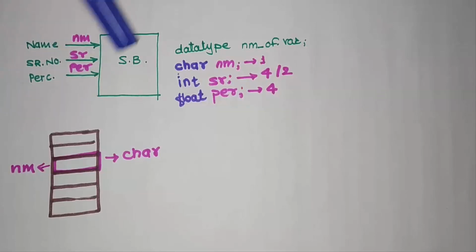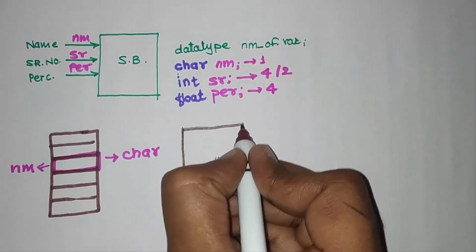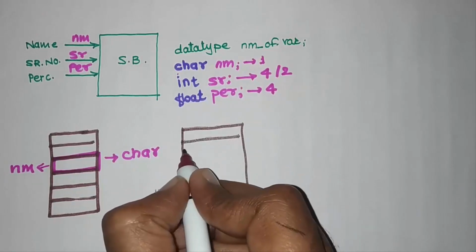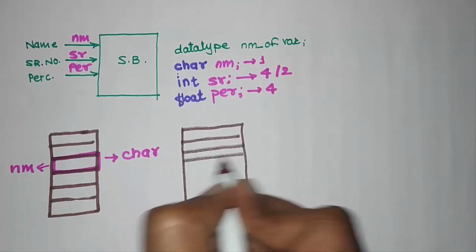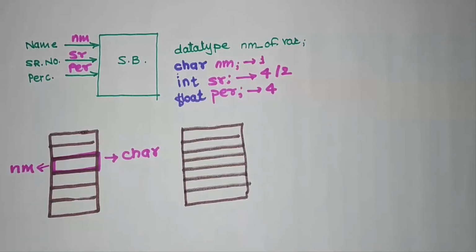Now consider the second declaration, that is int serial number. Again, what will happen in this case? We have this memory slot, like this.